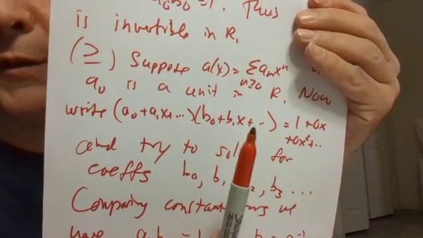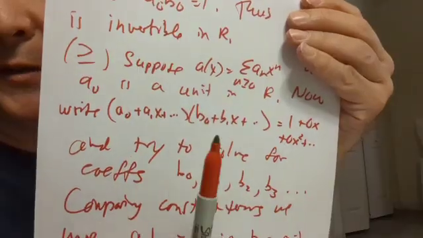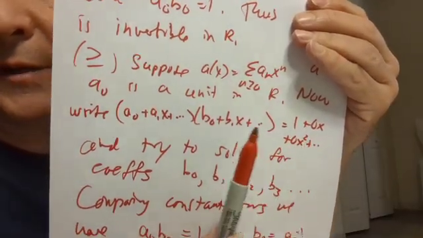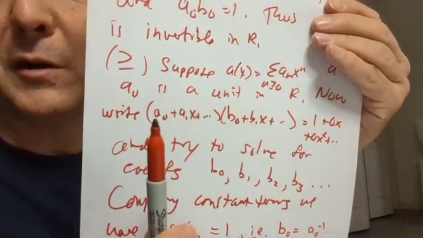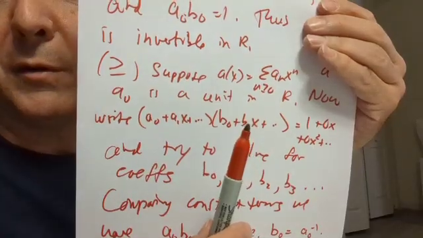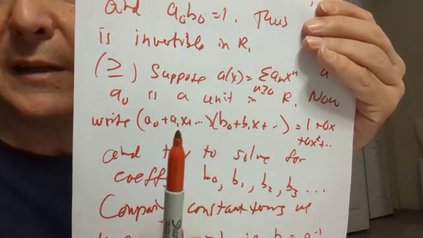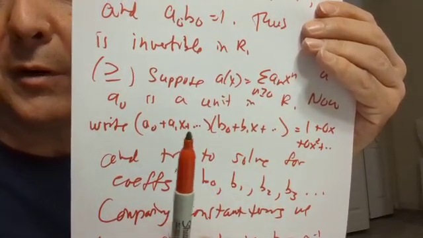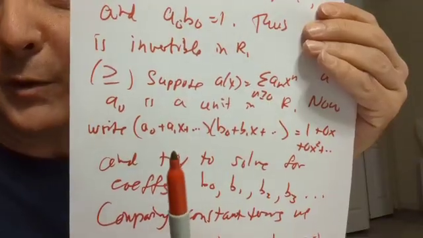That is 1 plus 0x plus 0x squared. So if we compare coefficients of x on both sides, in particular, a0 times b1x plus a1 times b0. That'll have an x also. Those are the two ways to get x.